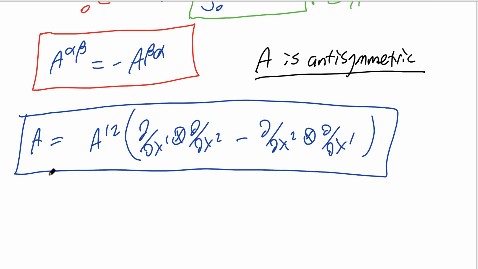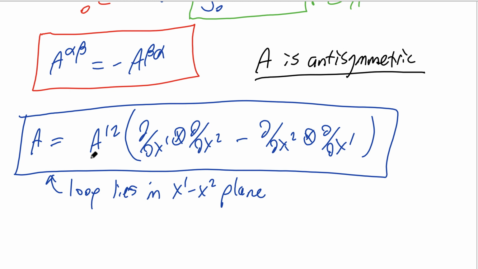This result, of course, assumes that the loop lies in the x1, x2 plane, whereas A being antisymmetric, this result holds for any loop.